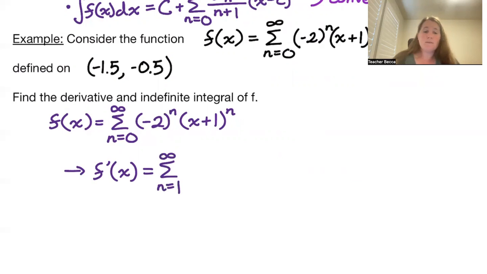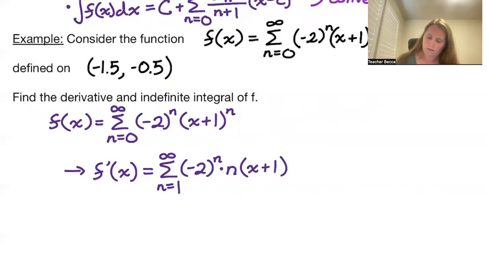The 0th term, that n equals 0, is just a constant, so it disappears. So it's only the n equals 1 term and beyond that will stay. That -2 to the n is simply a constant. It comes along for the ride. The derivative of x plus 1 raised to the n is n times x plus 1 raised to the n minus 1.